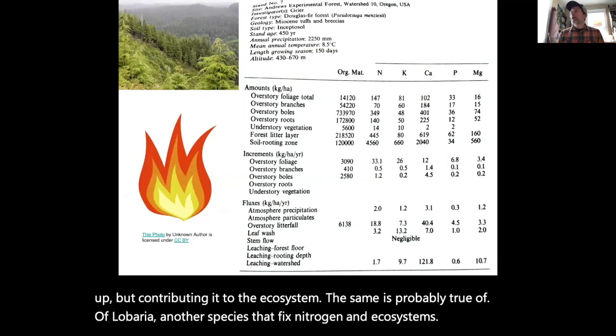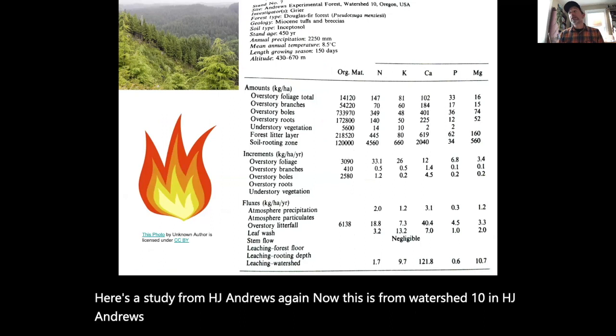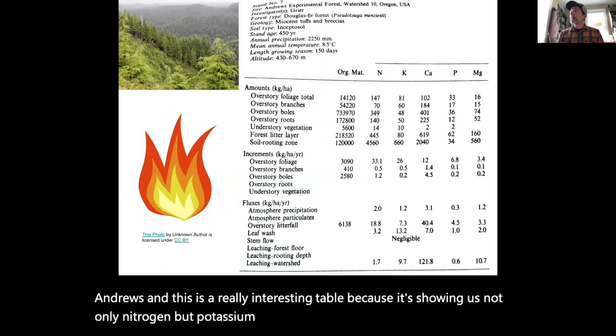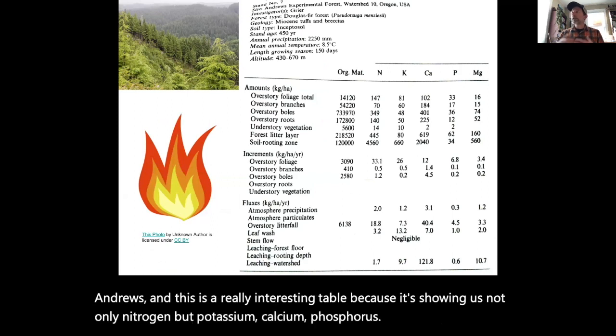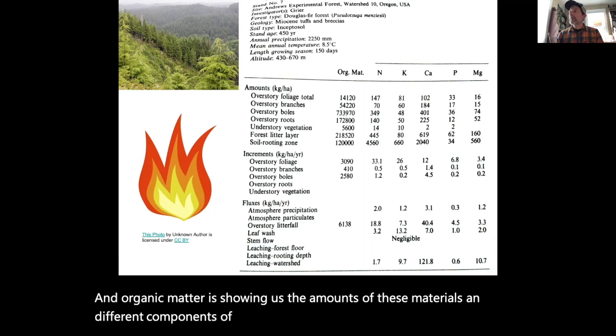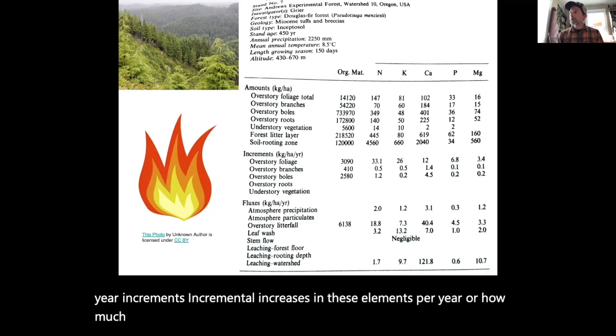Here's a study from H.J. Andrews again. Now, this is from Watershed 10 in H.J. Andrews. And this is a really interesting table because it's showing us not only nitrogen, but potassium, calcium, phosphorus, and organic matter. It's showing us the amounts of these materials in different components of the forest overstory. And then it's showing us per year incremental increases in these elements, or how much is needed per year incrementally.